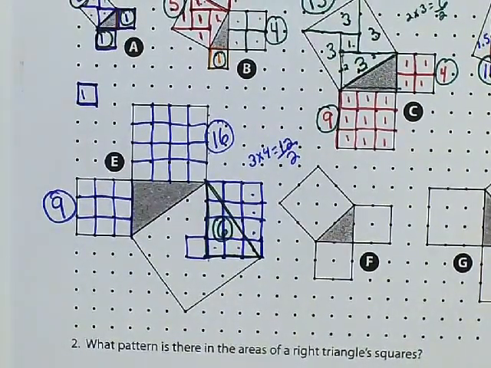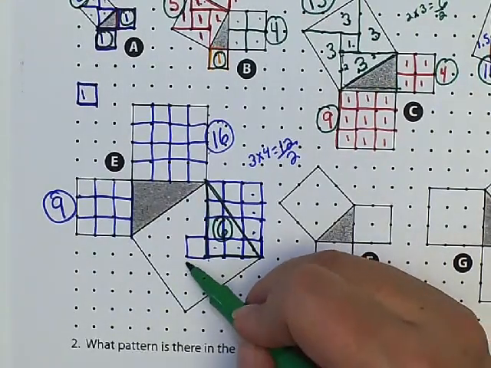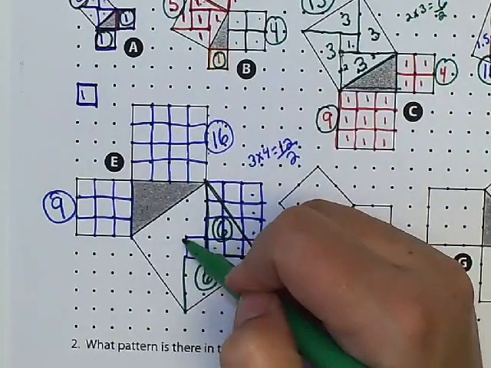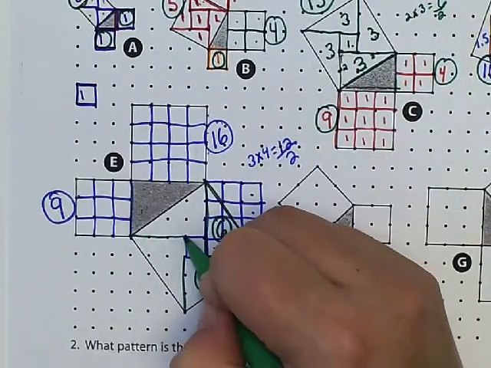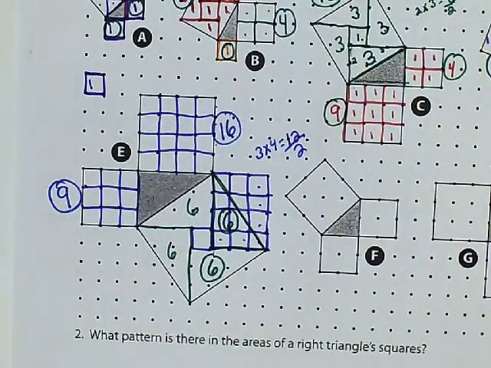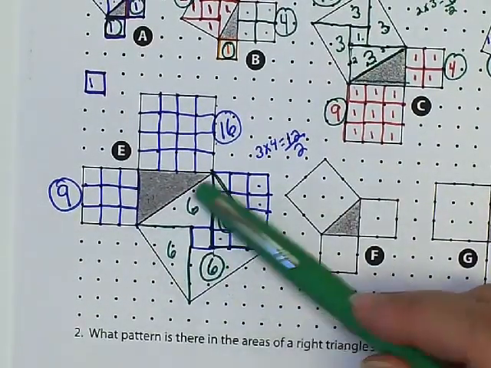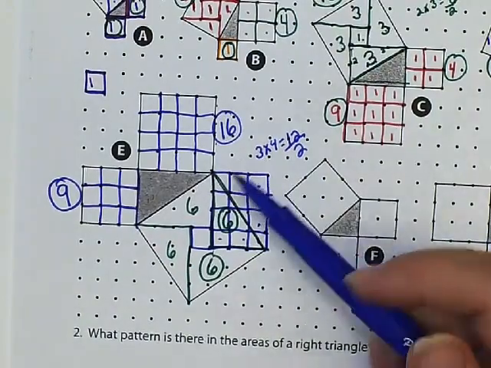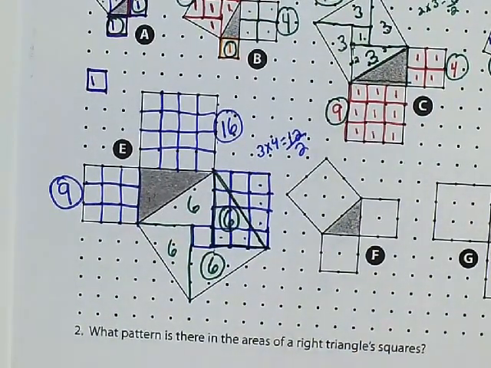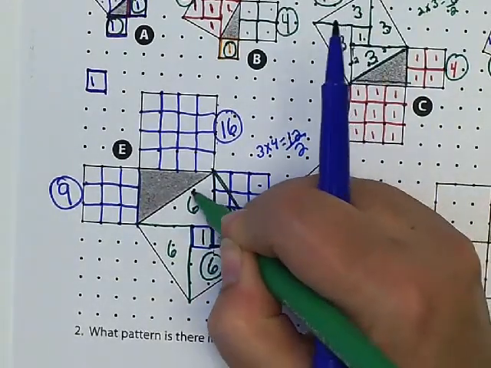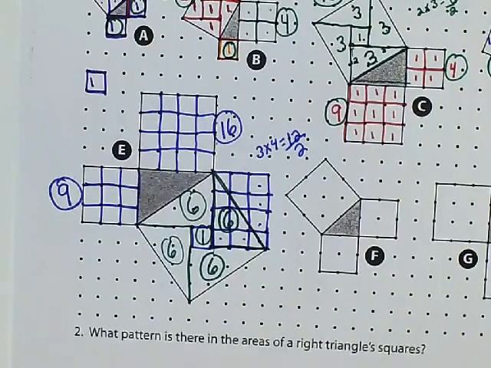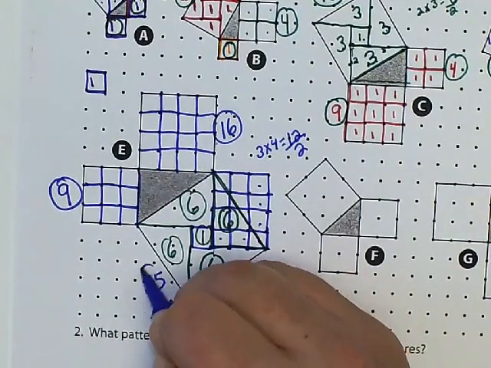So if that's 6, then I know that this would be 6, and this would be 6, and this would also be 6. Okay? So once you find out that corner one, then you can find out the other ones. So we have 6 times 4, which is 24, plus the 1 in the middle. So that would give us 25 total.